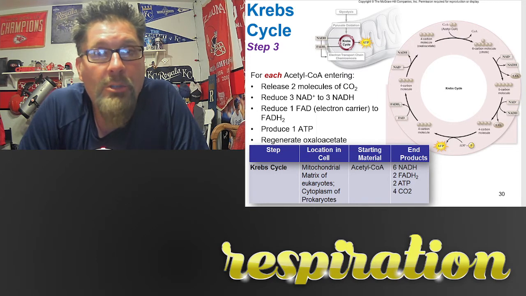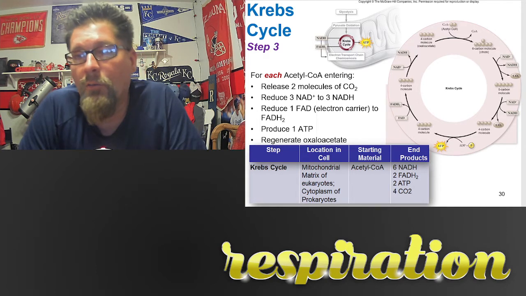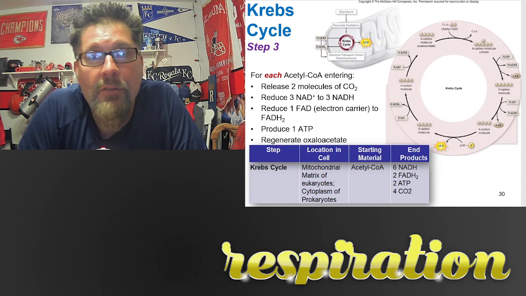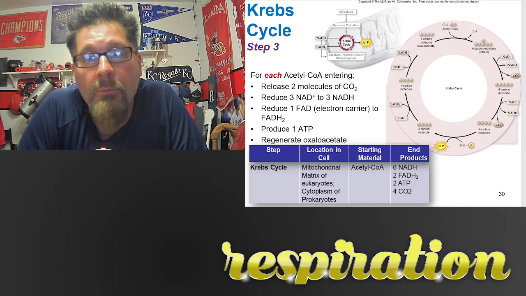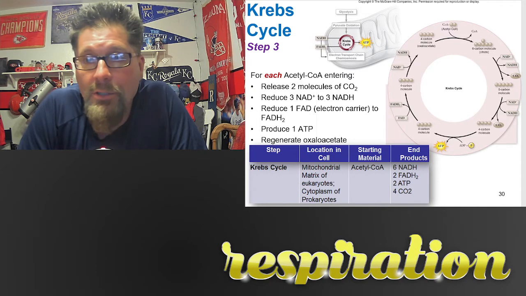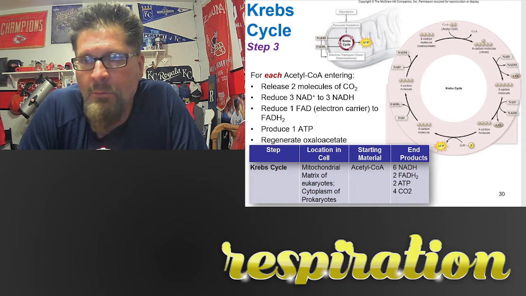That number would also be 4. But for the most part, what you're asked is the net gain of glycolysis. So if it's a number different than 2, for the most part, you can think Krebs cycle, because you got 6 NADHs made, 2 FADH2s, 2 ATP molecules made, and then 4 carbon dioxide molecules are made.